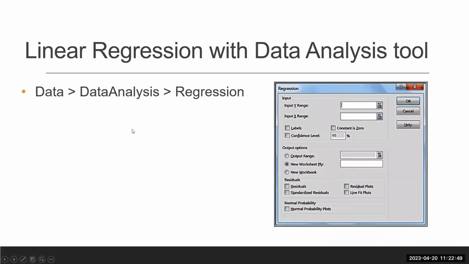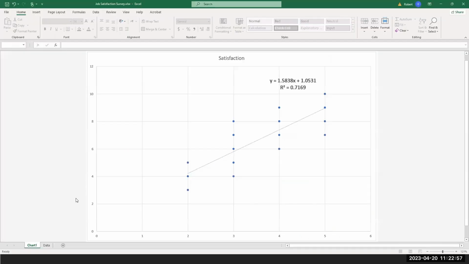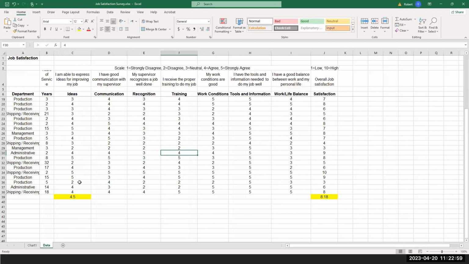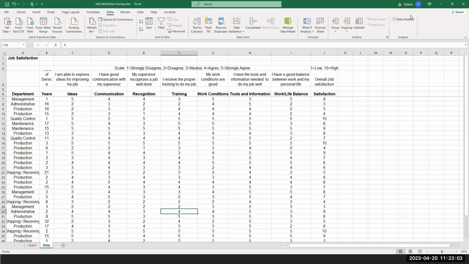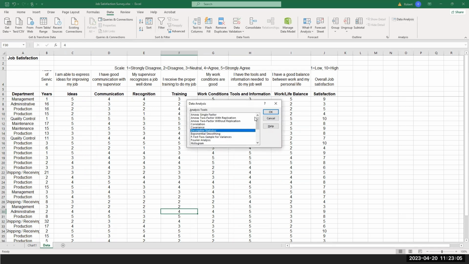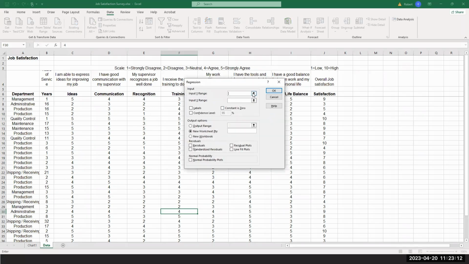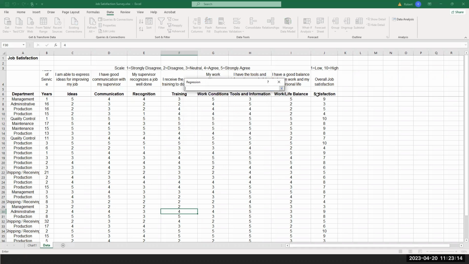And you can actually get Excel to do this for you. You can go to data analysis, regression, and you can get Excel to analyze that for you. Let's do it on our existing data set here. So we just go to data analysis and regression. We put in our Y value. Let's say we're trying to predict, remember, the Y value is the dependent variable.